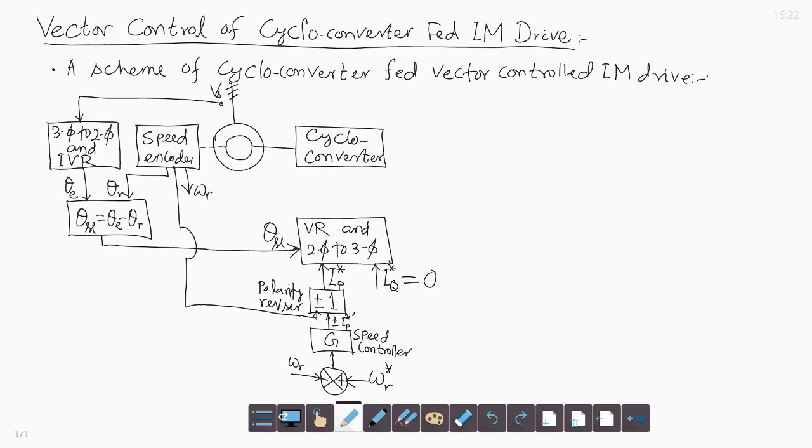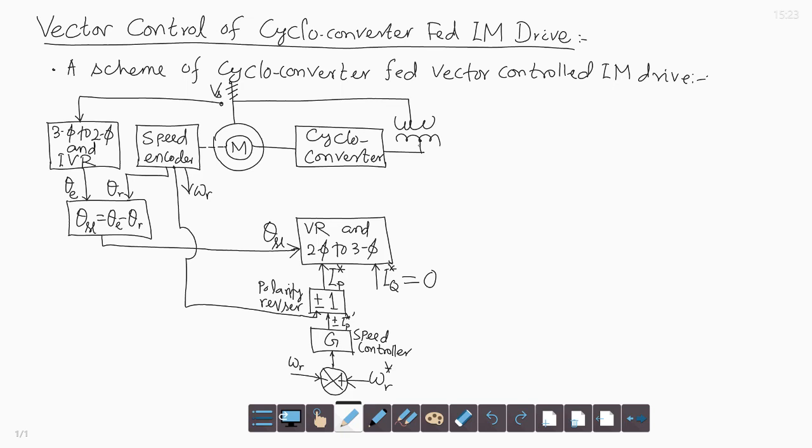So this is the slip ring induction motor, and its rotor terminals are connected to the cycloconverter, and cycloconverter output is connected to the stator through a transformer.